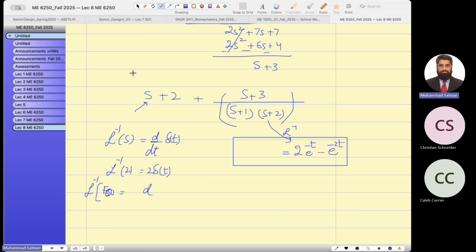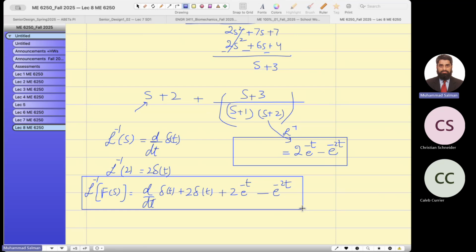This is my f of t equals the time derivative of the delta function plus 2 times delta t plus 2 times e to the negative t minus e to the negative 2t. This is the complete answer for the inverse Laplace transform.